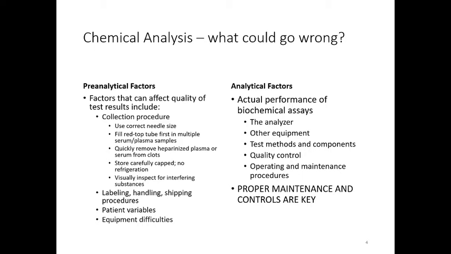We talked last lecture about taking a sample for a CBC in a lavender top tube. Lavender top tubes or green top tubes have chemicals in them. Lithium heparin is in a green top tube. Calcium EDTA is in a purple top tube.